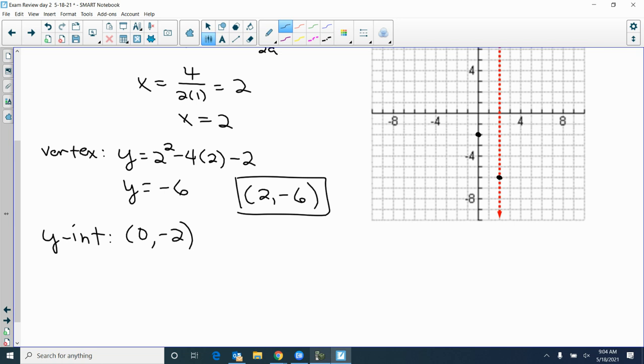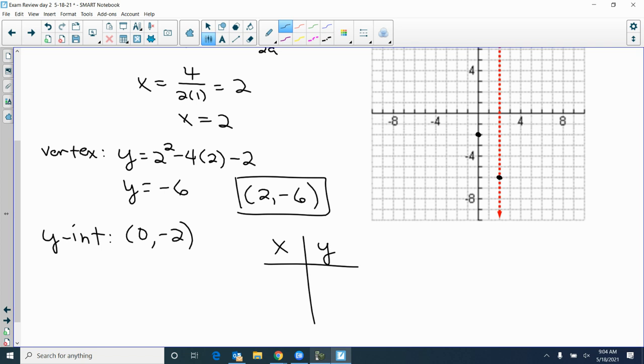Now to get the other 2 points, we can do a chart, and they have to be on the same side as the y-intercept. Well, the y-intercept is on the left side. So what 2 x values do I plug in to the equation to figure out my other 2 points?